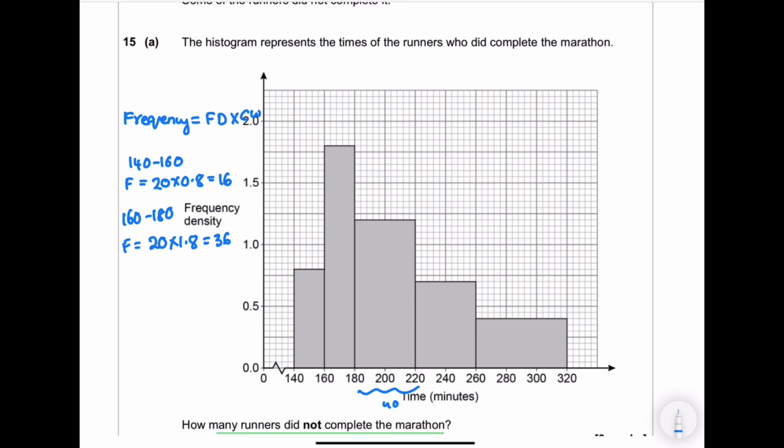The next bar is between 180 and 220. Frequency is 40 times 1.2, which is 48.